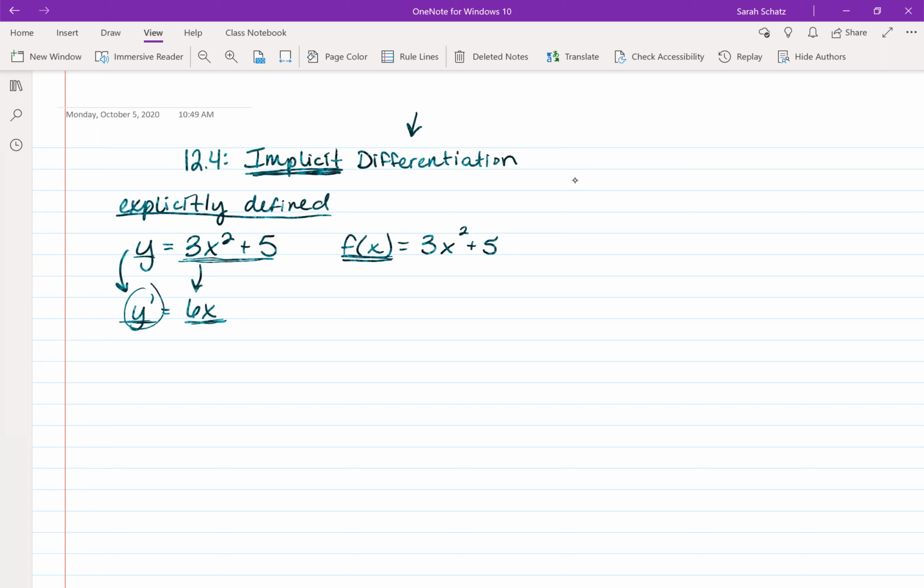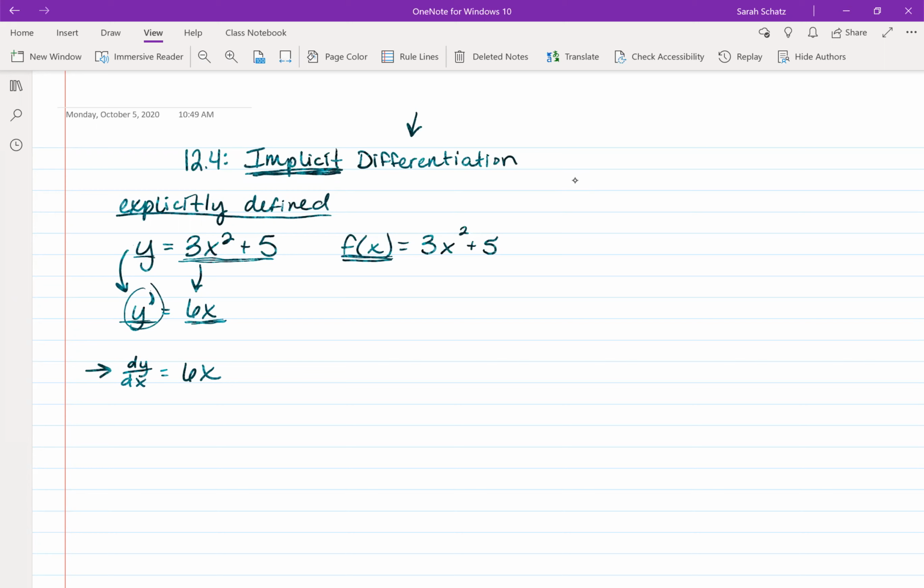Today, we're not going to be using this prime notation. Instead of saying y prime, I'm going to use the fraction notation where we have dy over dx. We don't use it too often, but I'm going to rewrite. So you have y, you take the derivative of y, and I call it this.